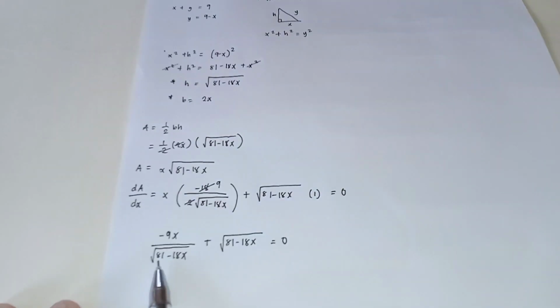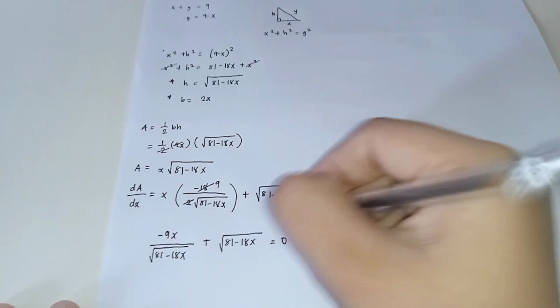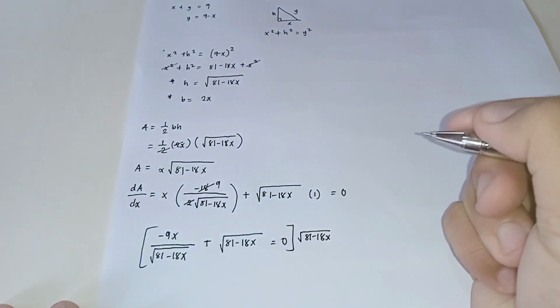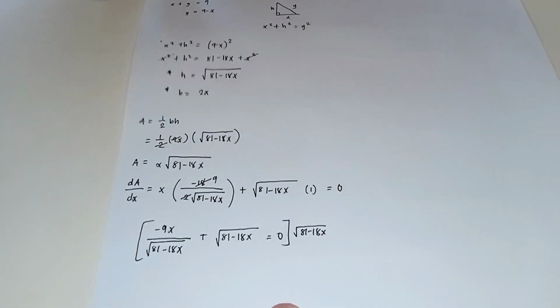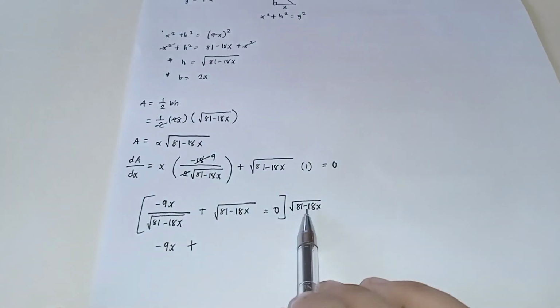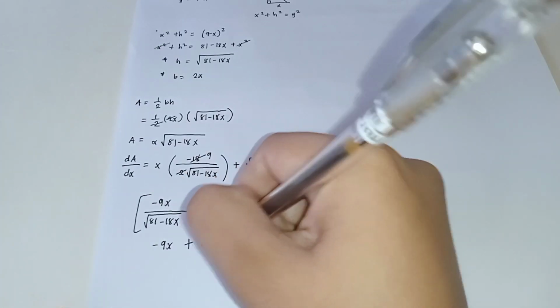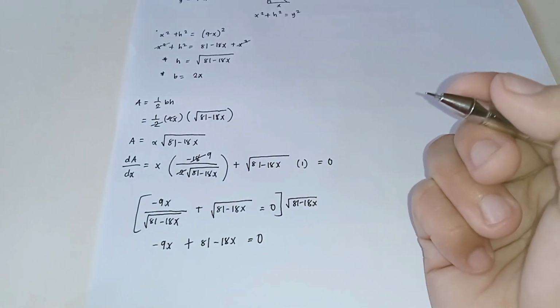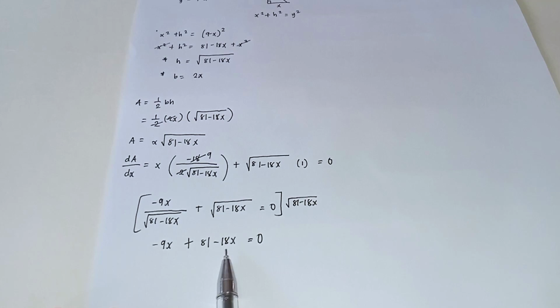So to eliminate the fraction here, we will multiply it by square root of 81 minus 18x. Now it will be negative 9x plus, since we will multiply this one here, the square root will be cancelled out, so it will just be 81 minus 18x, and it is equal to 0.